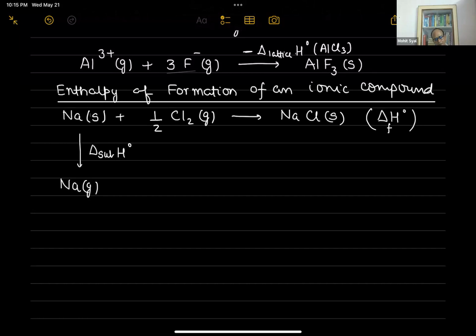Then you are breaking a bond, so positive, but you are breaking half mole of bond. Bond dissociation enthalpy is for 1 mole of bond. This is half mole, because the balanced equation is such that you require only 1 Cl, so half mole of Cl2. Got it?